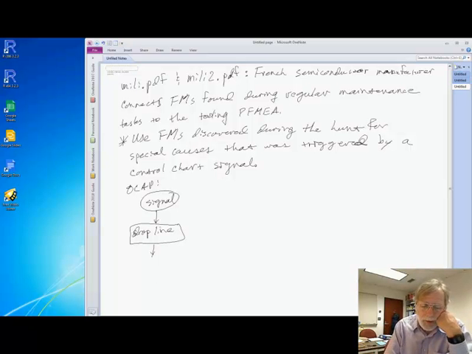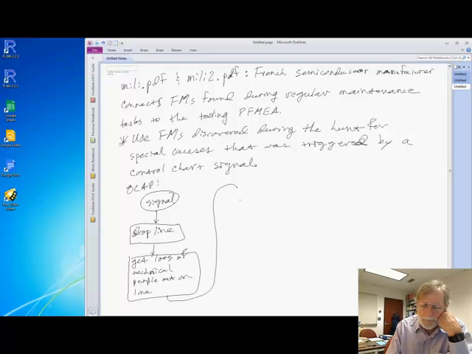So the line goes down, and what do you do? Get lots of technical people out online. Now, use your best people to search for assignable causes.